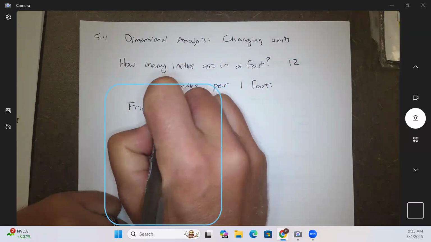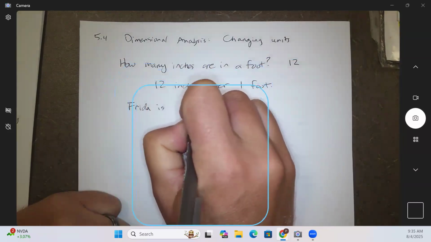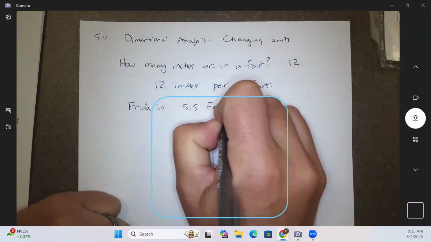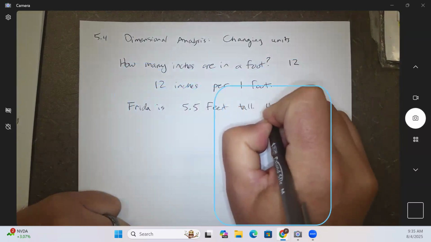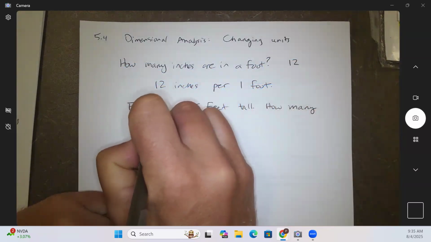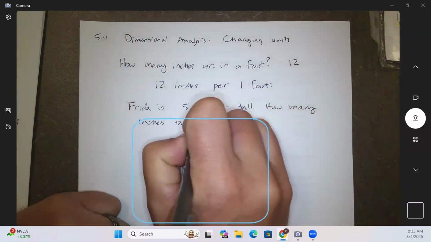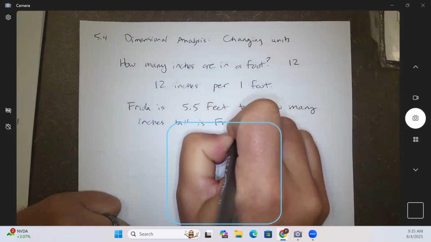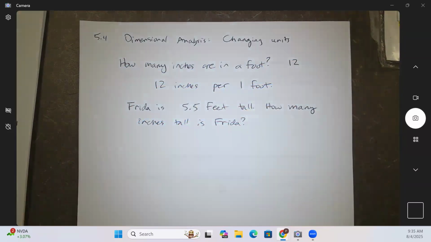Frida is 5.5 feet tall. How many inches tall is Frida? Proportional, right?